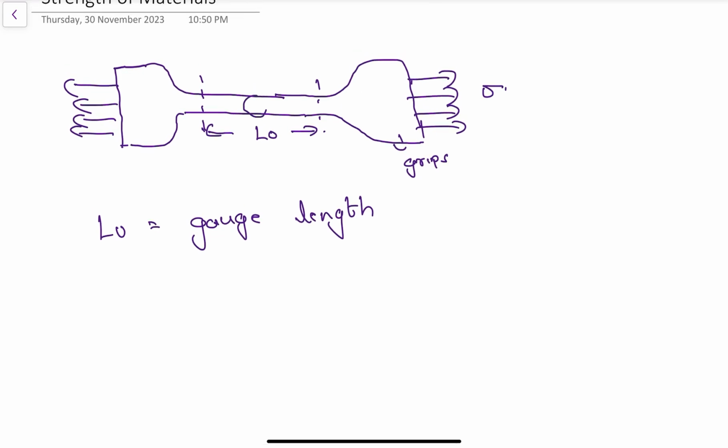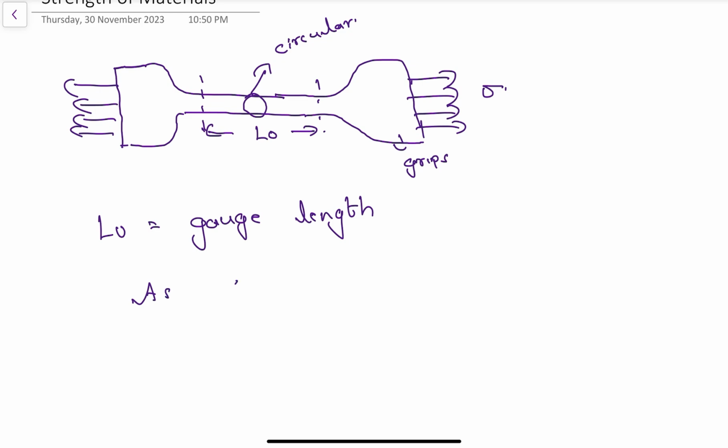Here the cross section is circular. You have selected a circular cross section material. So when you apply load at the two ends and try to stretch it, that material deforms.